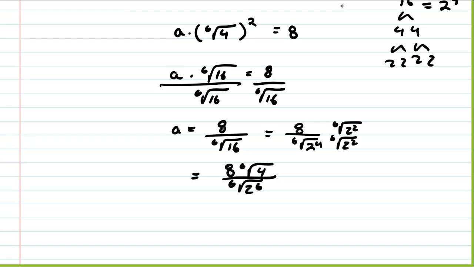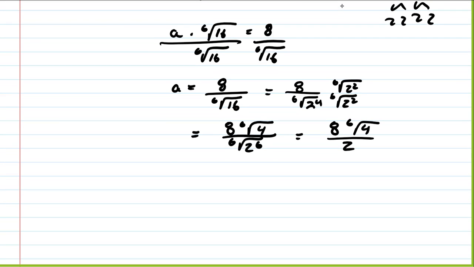But if we have the exponent and the root are the same, they reduce out. So that's the sixth root of 4 divided by 2. So finally, a is equal to 4 times the sixth root of 4.